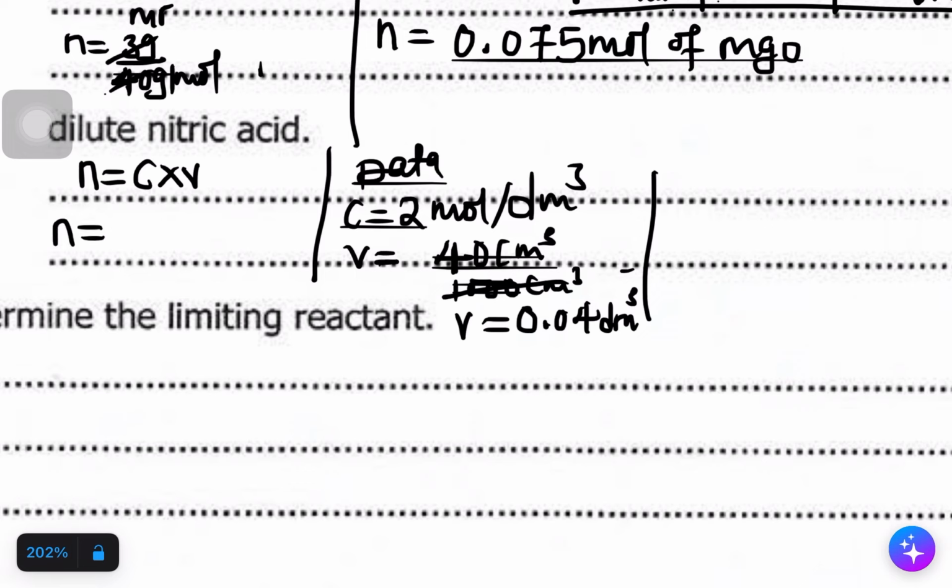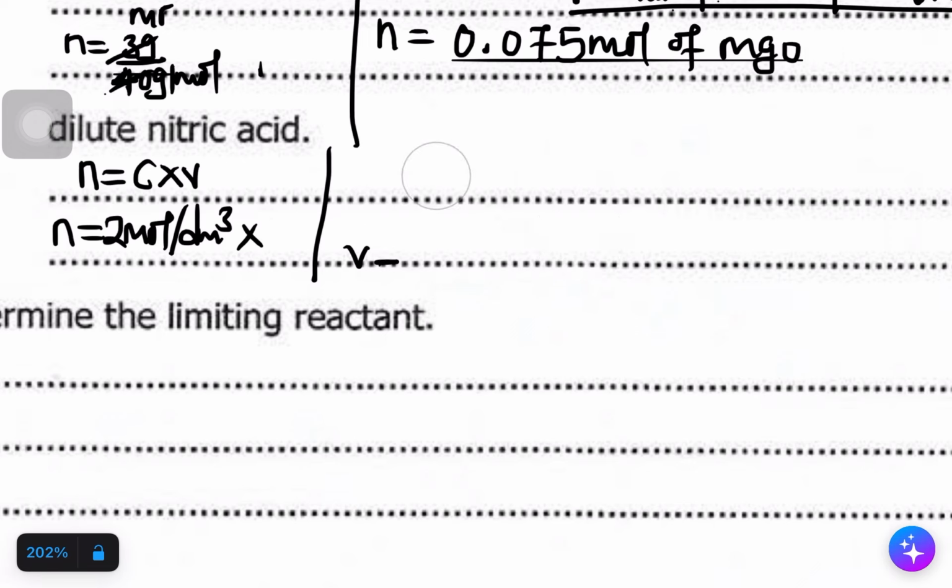The concentration is 2 moles per dm3, and then times the volume, 0.04 dm3. So we multiply with the volume, and here dm3 and dm3 cancel.